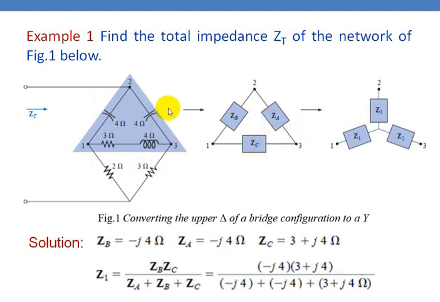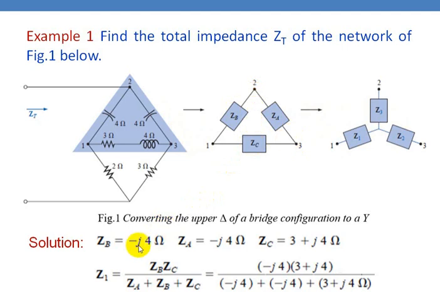First you name it like this, and you know how to connect the star connected impedances. Opposite to ZA you place Z1, so Z1 will be connected to node 1. ZB is here, therefore Z2 should be connected to node 3, and similarly ZC is here, therefore Z3 should be connected to the opposite node, that is node 2.